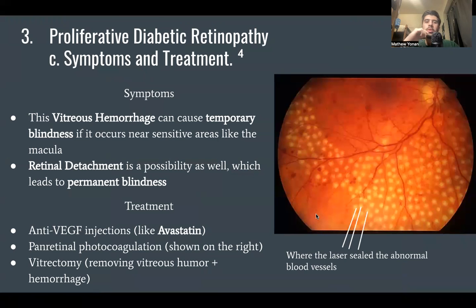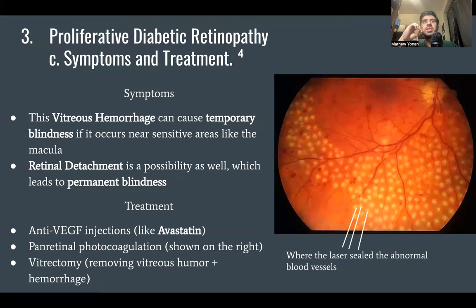Okay, so we have our symptoms and treatment. The symptoms of this vitreous hemorrhage can cause temporary blindness if it occurs near sensitive areas like the macula. You could imagine all of that blood blocking light from entering the eye, right? So temporary blindness. And retinal detachment is also a possibility, which leads to permanent blindness.